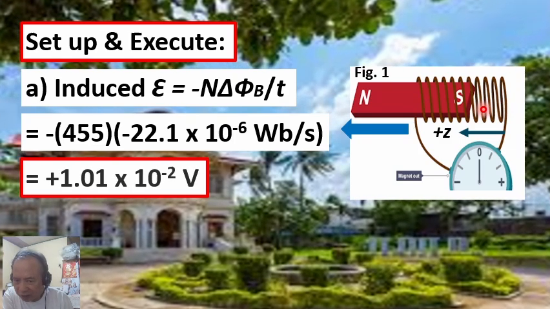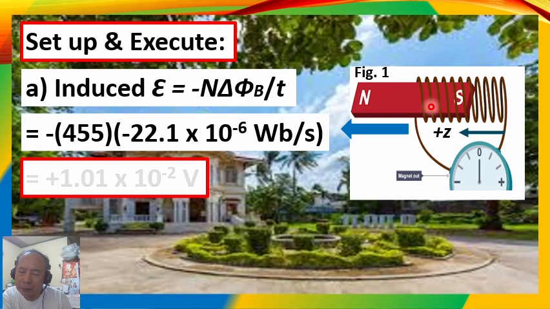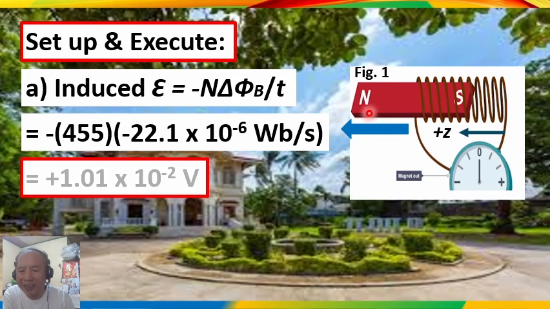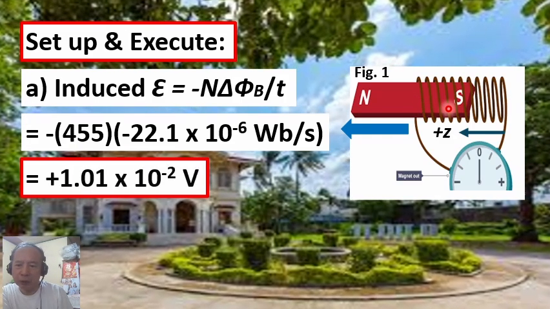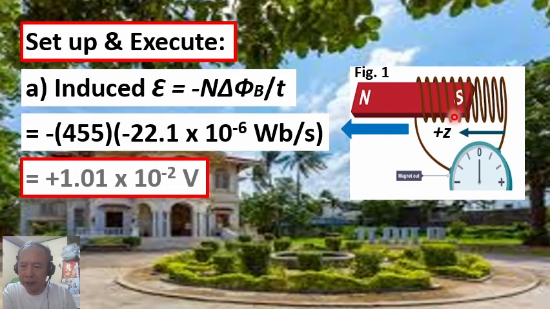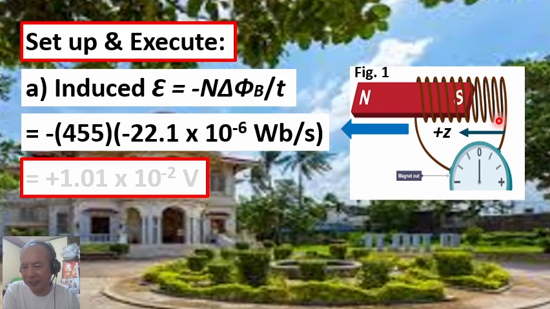So this force of attraction tends to prevent the bar magnet from moving away. You see that? There is a force of attraction between the bar magnet and the coil, which now becomes an electromagnet.